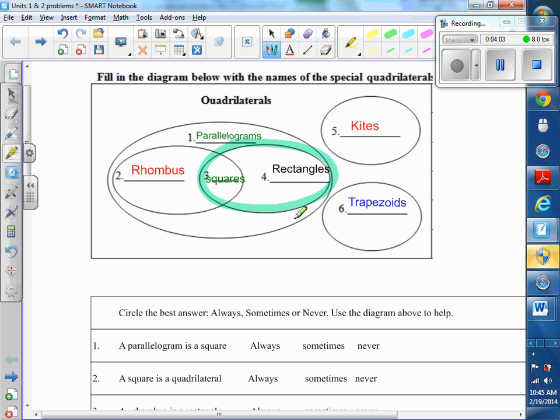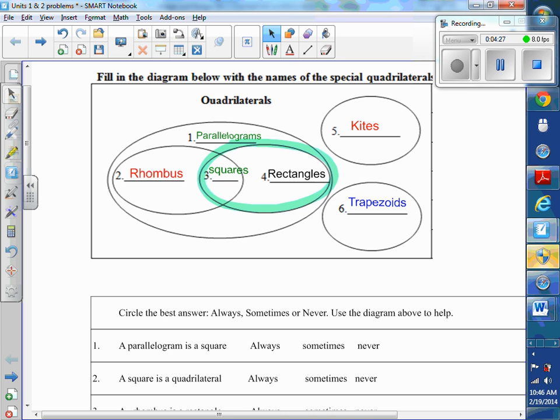But, Grace, what about a rectangle? Could a rectangle be a square? Never? So if a rectangle has all equal sides, would you say it's a square? Then we'd say a rectangle is sometimes a square. You see how to do this?